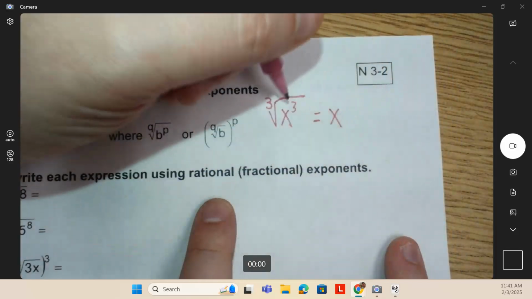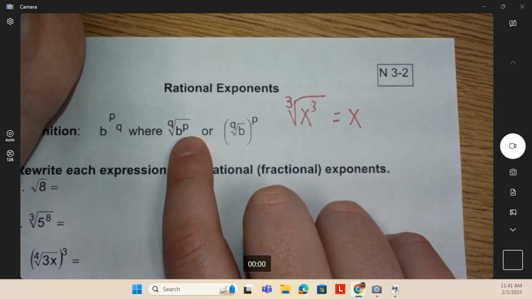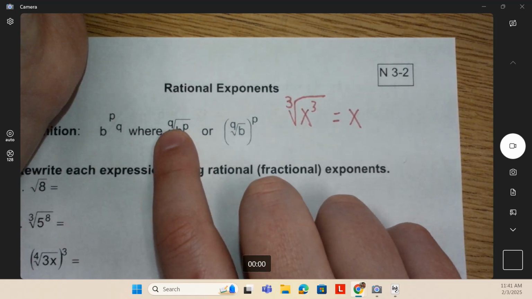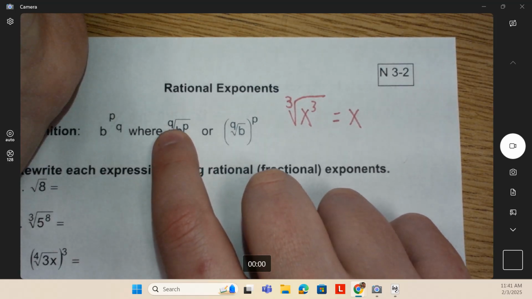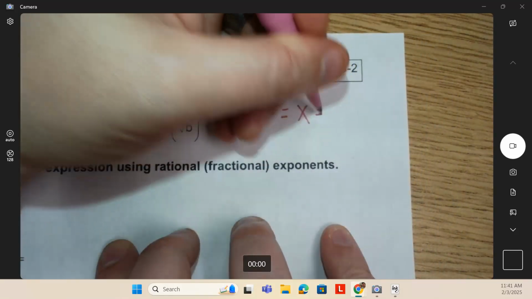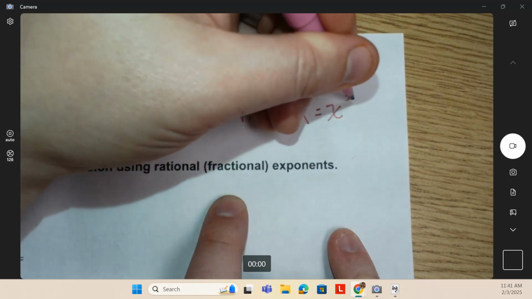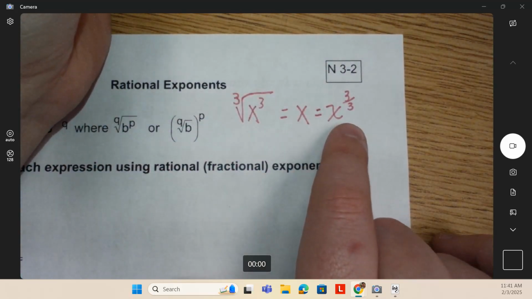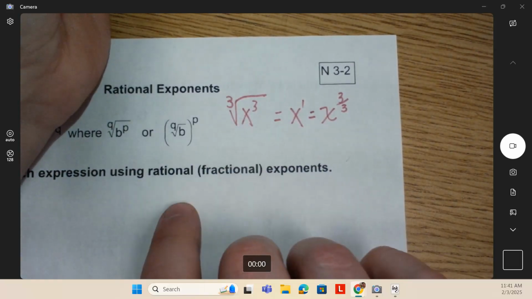You could also think about that, and the way we're going to start writing that, as it shows us here, is if I had x to the third power, then the third root of that, then we do p, which is 3, and q, which is also 3, over each other. And so instead of writing it like that, you could write it as x to the 3 over 3 power. Then that just simplifies down to x to the first power.